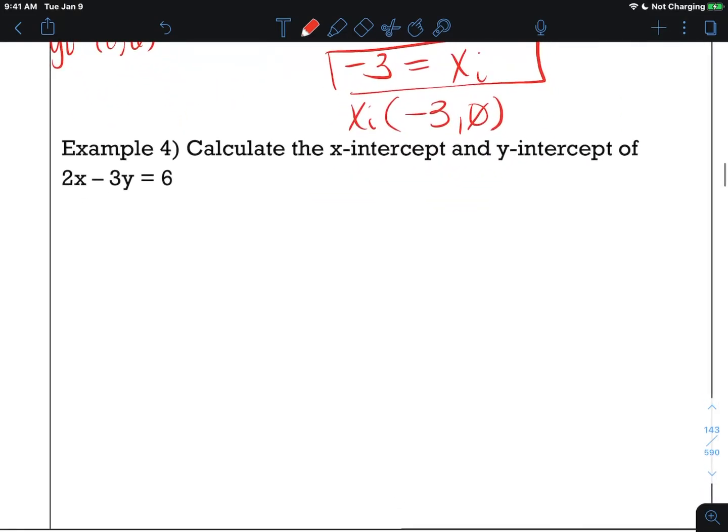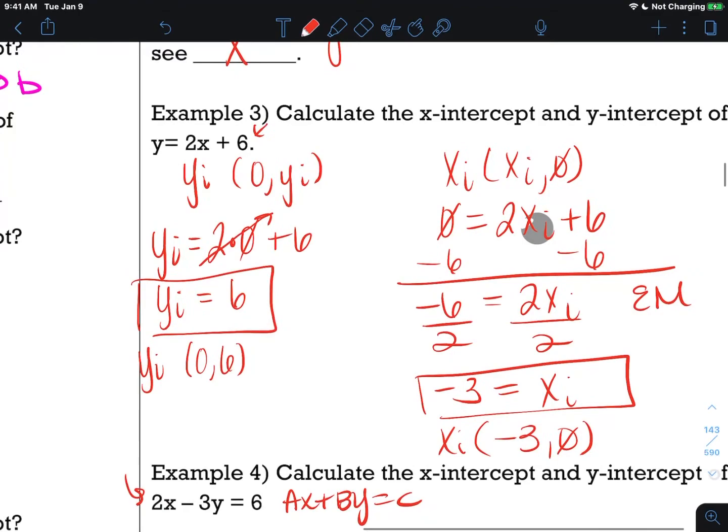All right, let's do the same thing here. Now, the interesting thing about standard form, this guy here, ax plus by equals c, is that this gives us a slightly different look at things. And you'll kind of notice a pattern here. Same way that you see a pattern here, that every time I have y equals mx plus b, that last number at the very end is going to be my y-intercept.